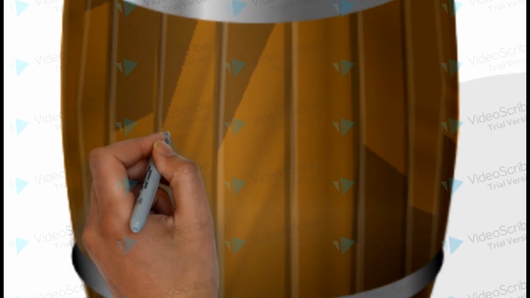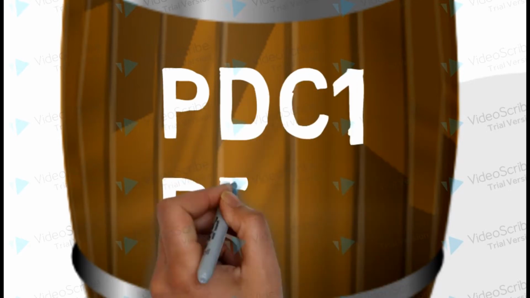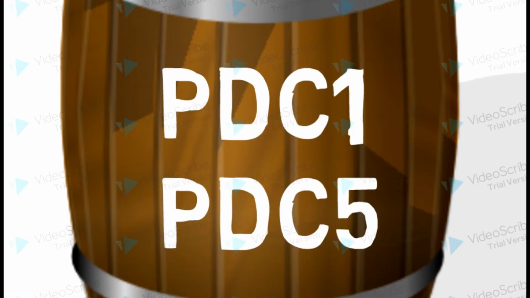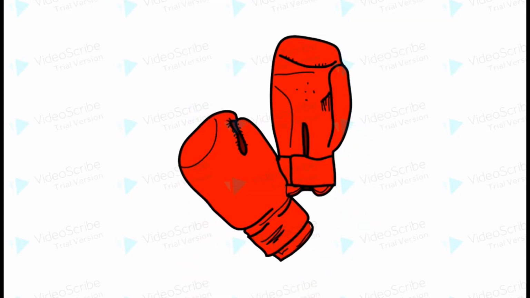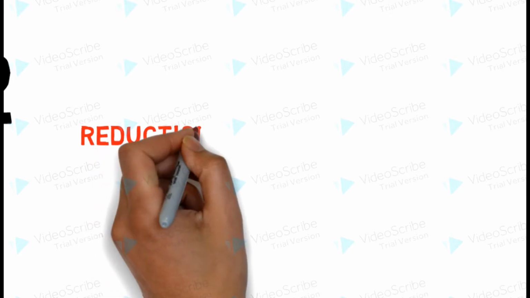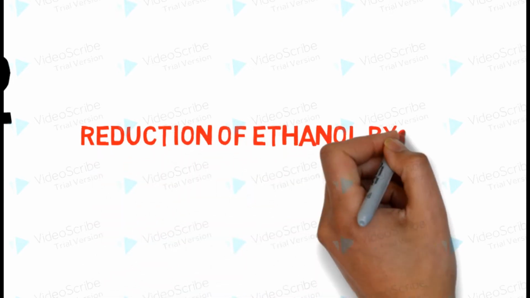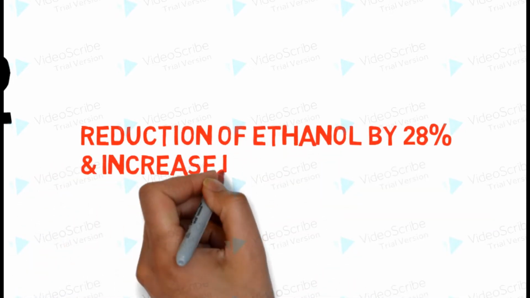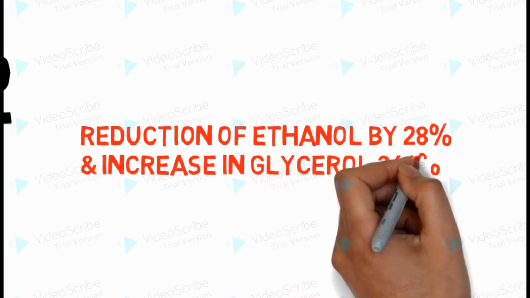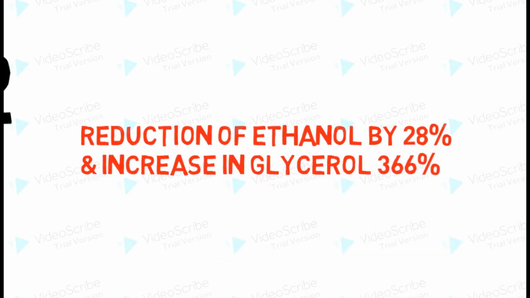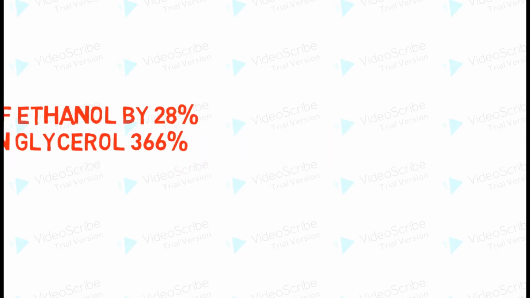If deletion of all 3 PDC genes occurs, then the yeast is unable to grow on a sole carbon source of glucose, with an excess of NADH produced, shifting the redox balance. Although when the PDC2 gene was deleted, 19% of residual pyruvate decarboxylase was maintained, which supported growth on glucose, and a reduction of ethanol, 28%, and an increase in glycerol, 366%, was observed.